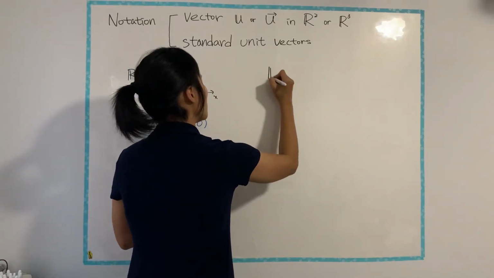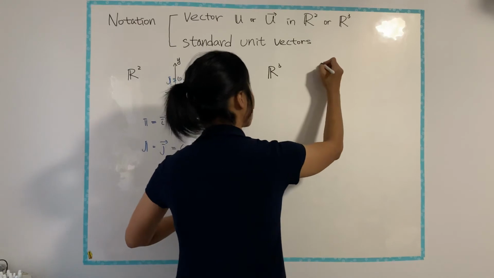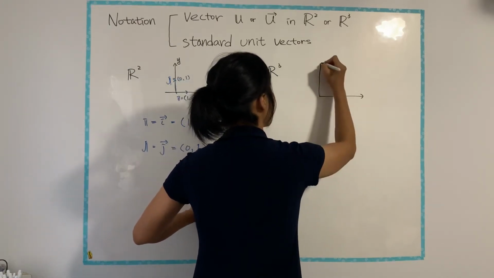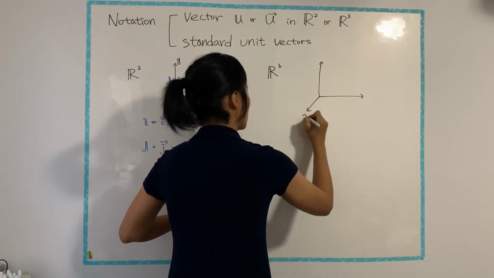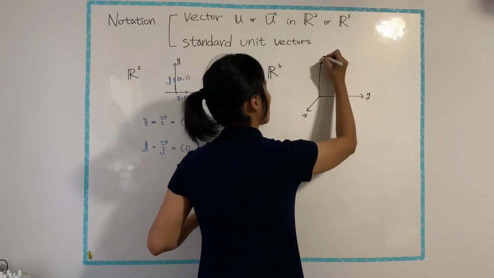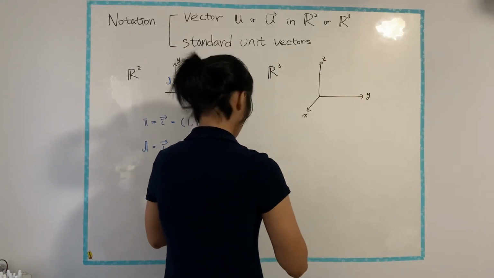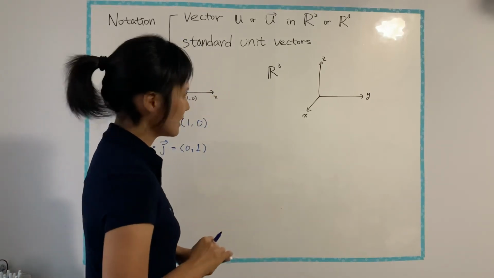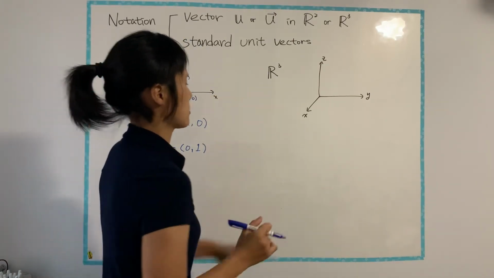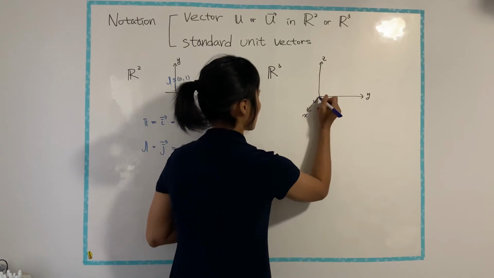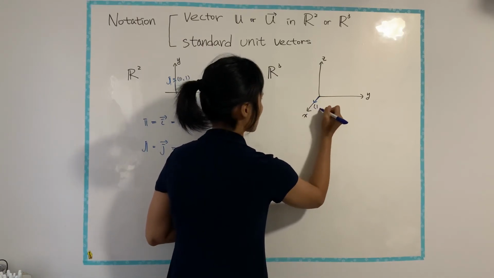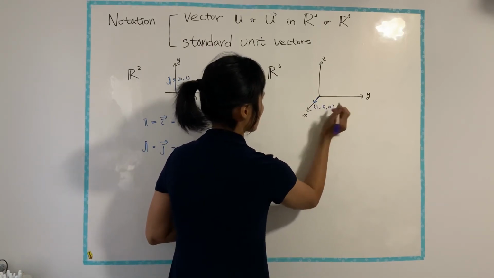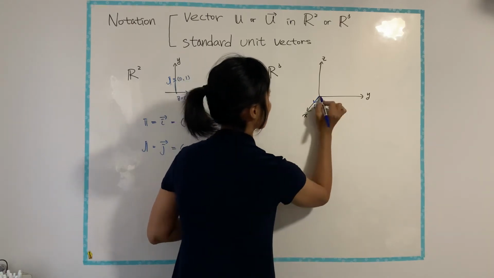Okay, what about R3? So in R3, I have 3 directions: the x direction, y direction, and z direction. And you can guess what would be the standard unit vectors in R3. So the first one would be this, so that's (1, 0, 0), because 1 unit in the x direction.